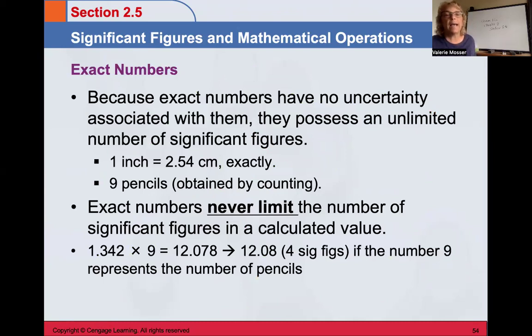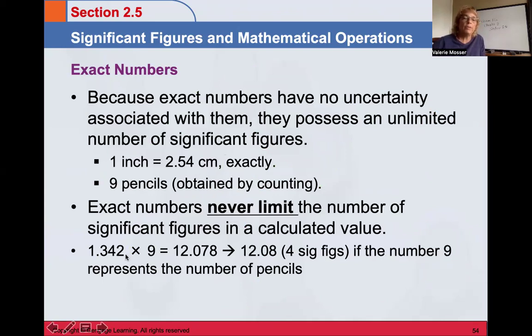If you have any exact numbers in your calculation, they don't affect the sig figs at all because exact numbers don't have any sig figs associated with them in the first place. So for example, if you have a number like 9 pencils, it doesn't have sig figs associated with it.